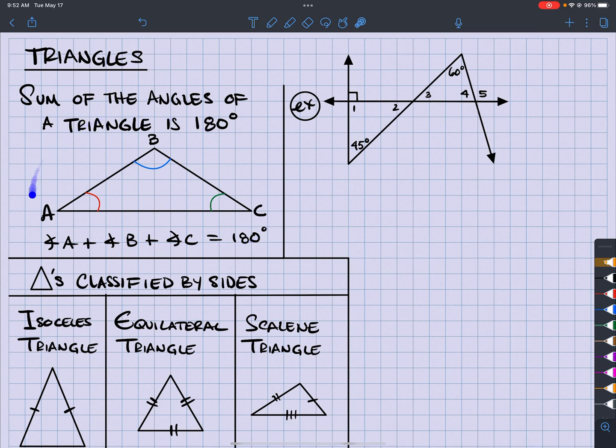That is an important fact to know. Every single triangle adds up to 180 degrees. So let's take a look at this example right here.